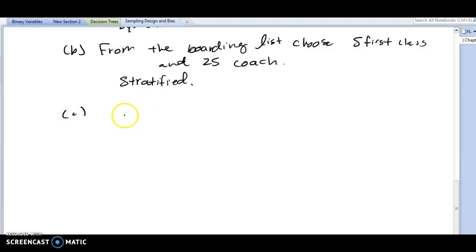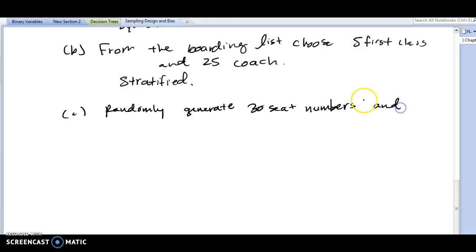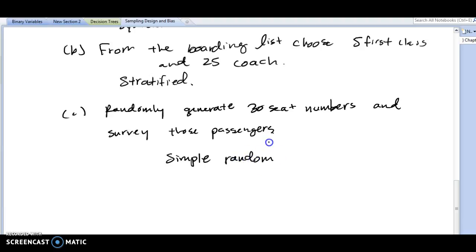C, randomly generate 30 seat numbers and survey those passengers. They don't indicate any necessarily groups that we're trying to make sure, so this would just be an example of a simple random sample, assuming we're guaranteeing true randomness.